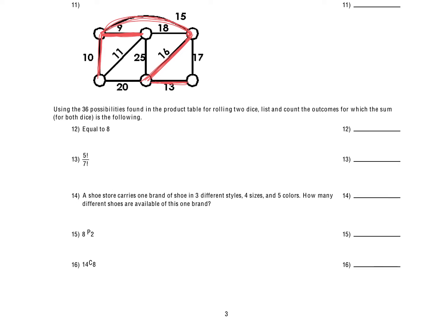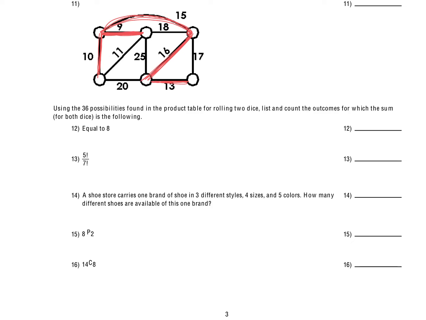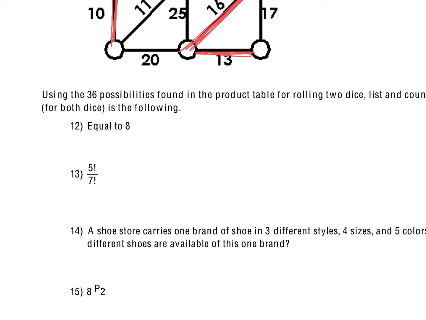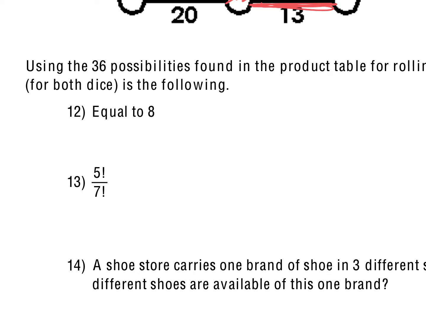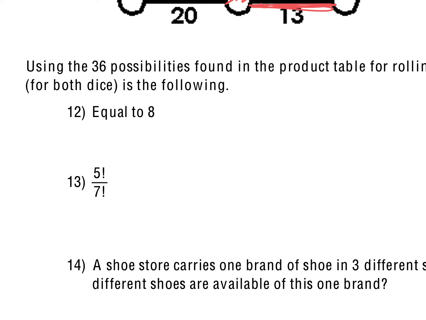Number 12, using the 36 possibilities found in the product table for rolling 2 dice, list and count the outcomes for which the sum for both dice is equal to 8. So we have to roll 2 dice and get 8. So you cannot roll a 1 and a 7 because dice go 1 through 6. But you could roll a 2 and a 6. That would be one possibility. You could roll a 3 and a 5.